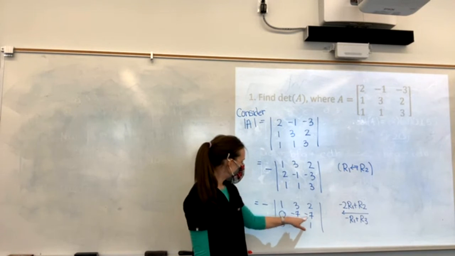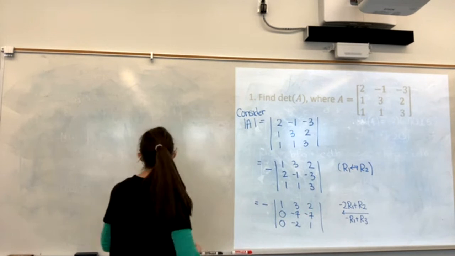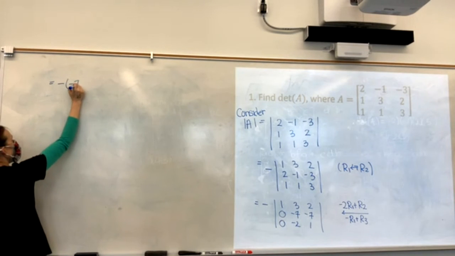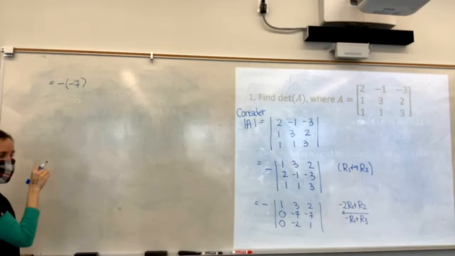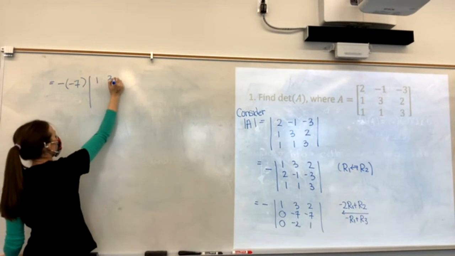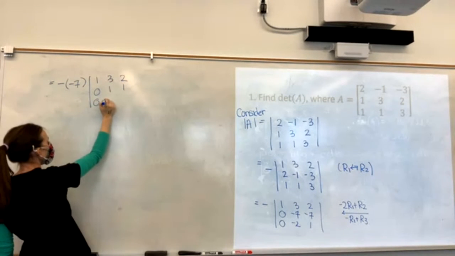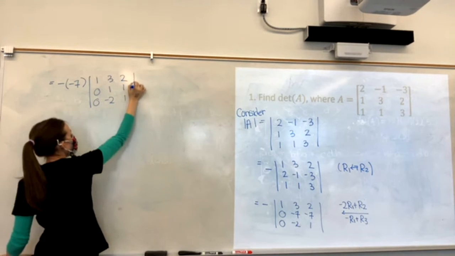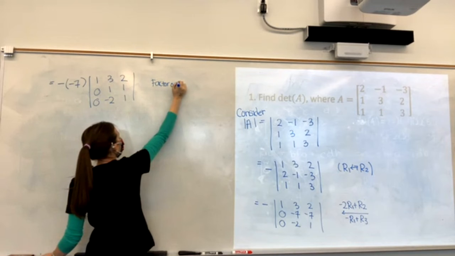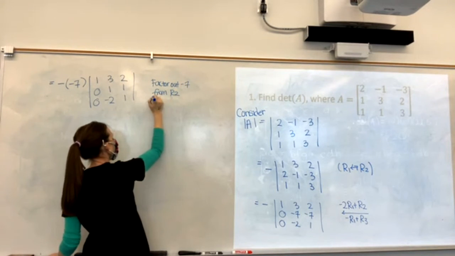Okay. Now, if I like, I can take these -7s and factor that guy out, right? So I've got my negative from the row swap tagging along, and then I'm going to pull out that -7 from row 2, so that I get a +1 in my A22 entry, right? So factor out -7 from row 2.